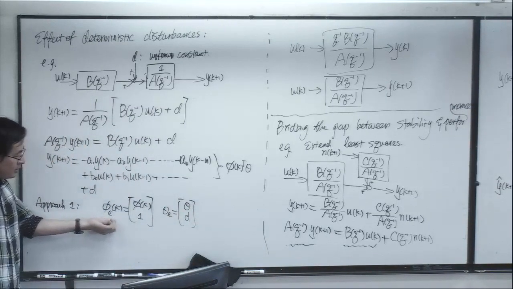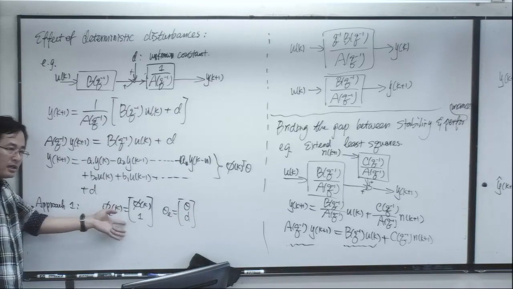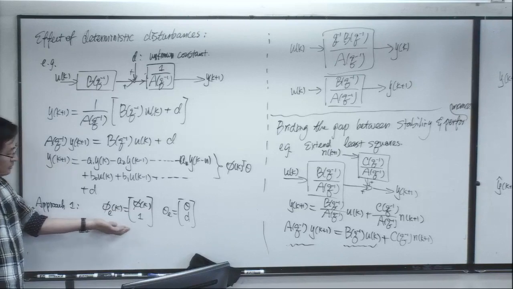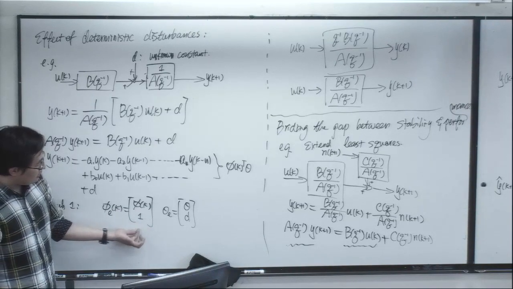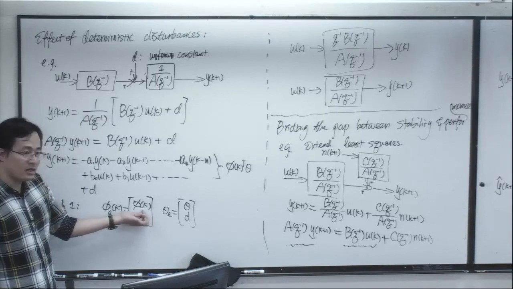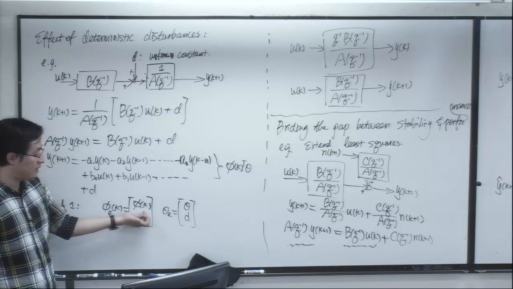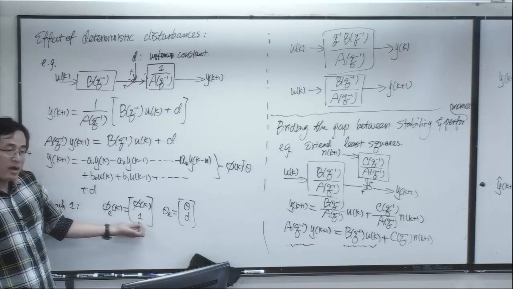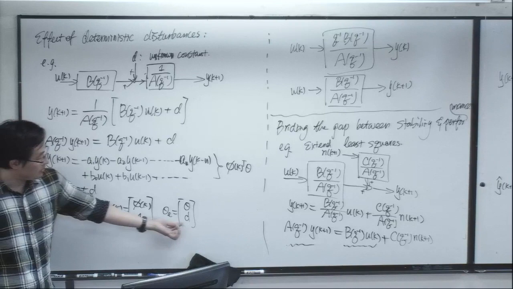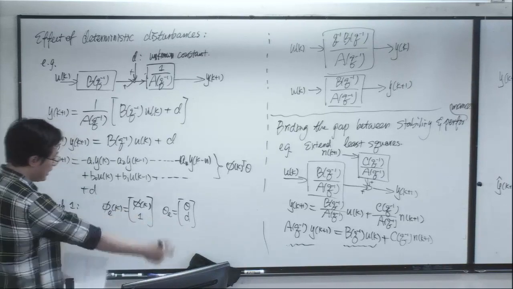Starting from this lecture, you will see more and more things like this, where you augment the regressive vector in a way that these are not necessarily what you measure exactly. You can construct this regressive to put y in here, and then add d to theta e.